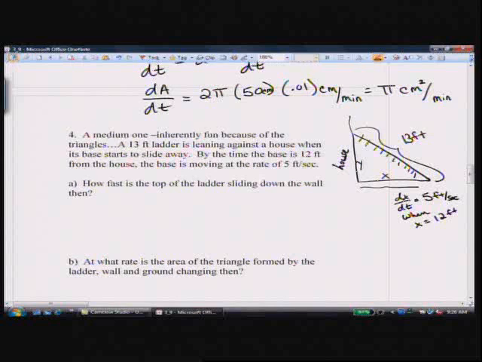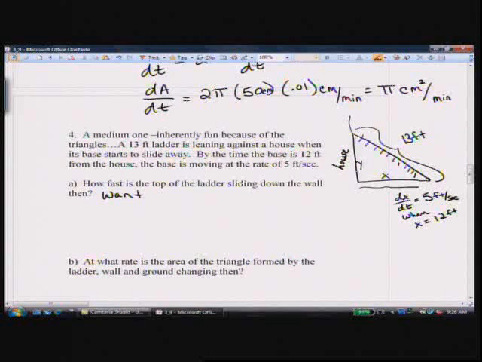Okay, that's pretty much all the information I'm seeing. Now they want how fast is the top of the ladder sliding down the wall at that instant that x is 12 feet. So what are they looking for? What do we want? How fast is the top of the ladder sliding down the wall?